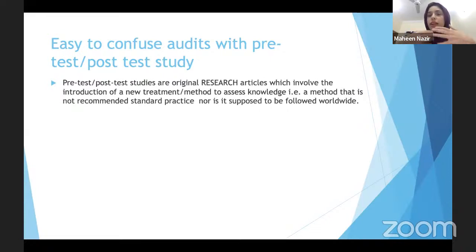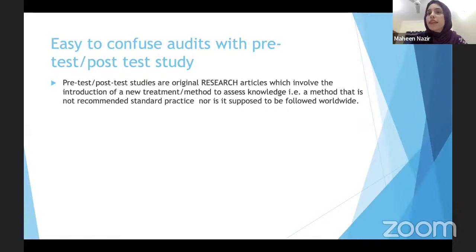Let's say it's knowledge regarding emergency management, and you find a questionnaire online through a reference study. This is not some standard questionnaire recommended by NICE or WHO. It's just a questionnaire that's been developed and validated, and you apply it to assess the knowledge levels the first time.